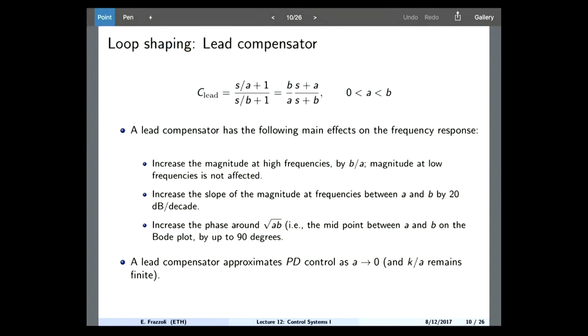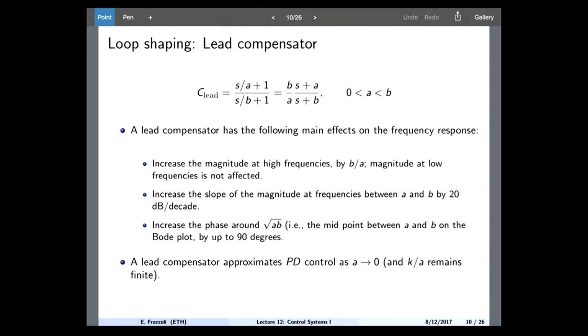Essentially what we are doing is increasing the magnitude at high frequencies by the ratio of the pole over the zero, B over A. The magnitude at low frequencies is not affected at all. So we are increasing the slope of the magnitude at frequencies between A and B by 20 dB per decade, putting it one notch up in the positive direction.